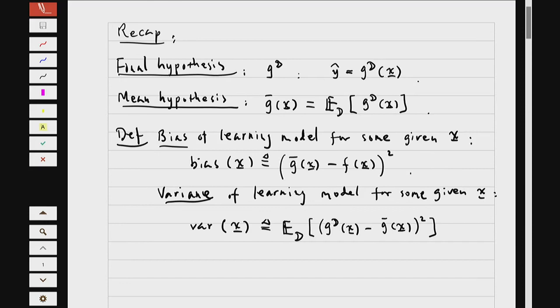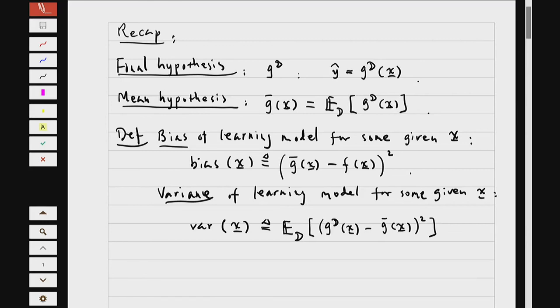The variance is simply the variance of this random quantity with respect to its own mean value. So how random this final hypothesis can be, and then on average, how good is this final hypothesis in terms of the distance from the true target function. That's the bias and variance.